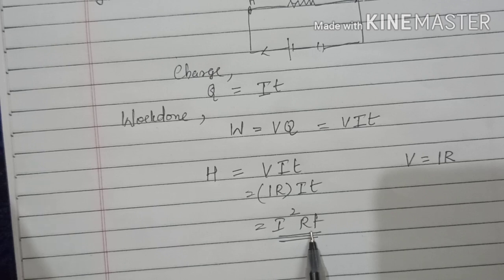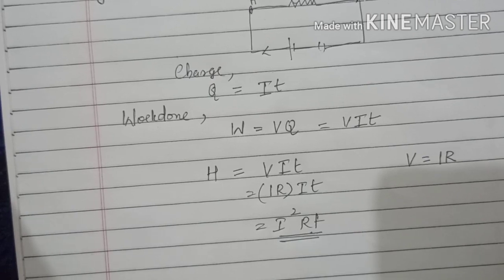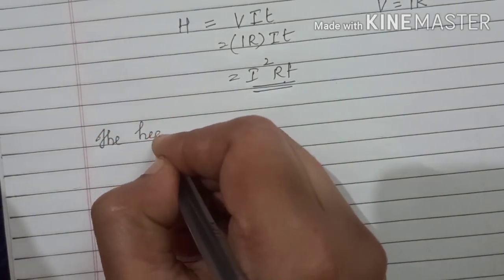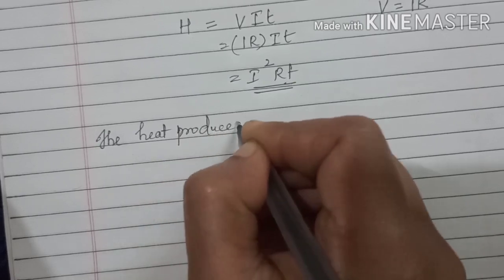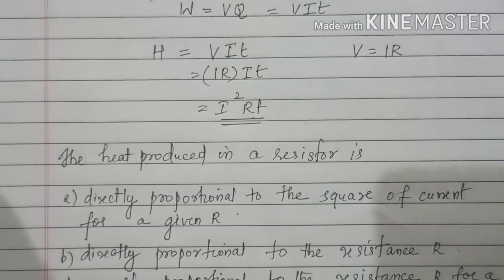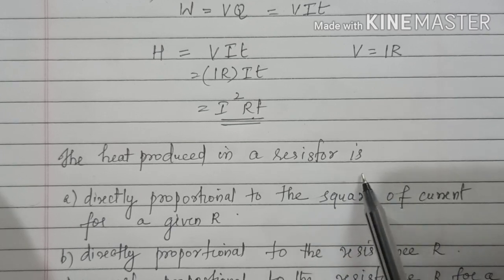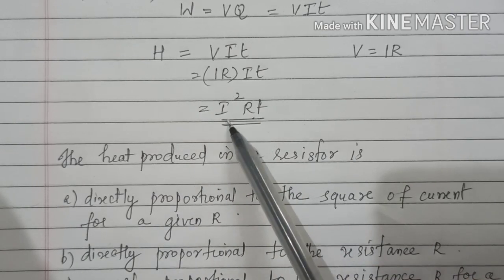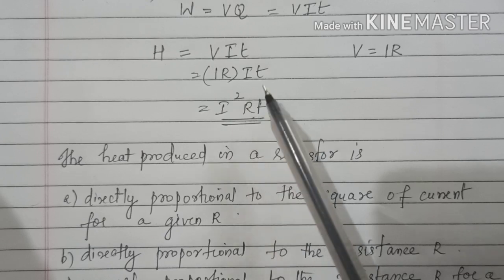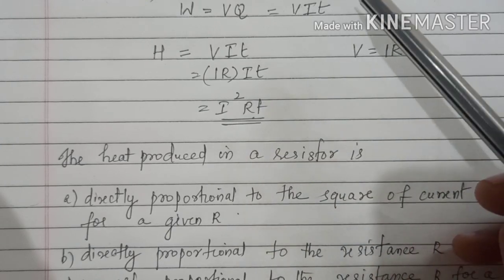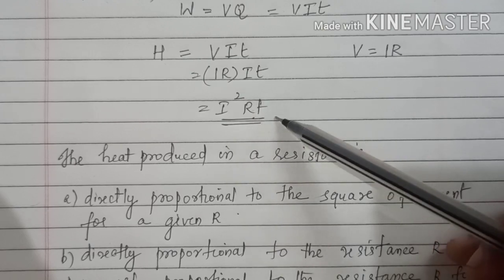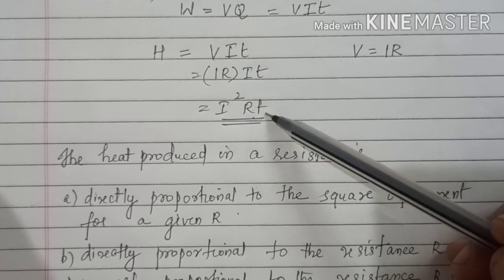According to this equation, we can state it as: the heat produced in a resistor is directly proportional to the square of the current for a given resistance, then directly proportional to resistance R, and it is also directly proportional to the time for which the current flows through the resistor.